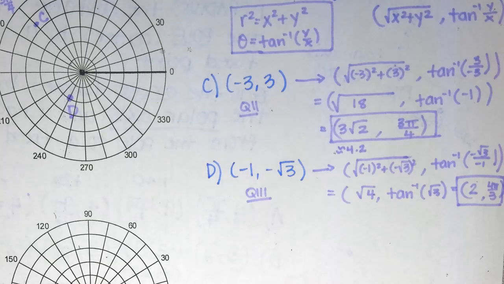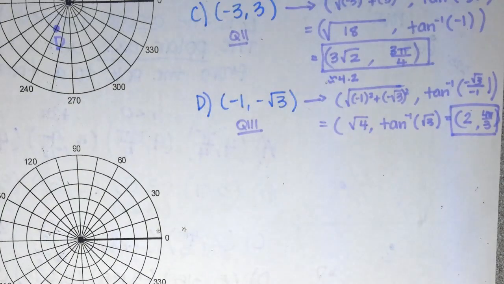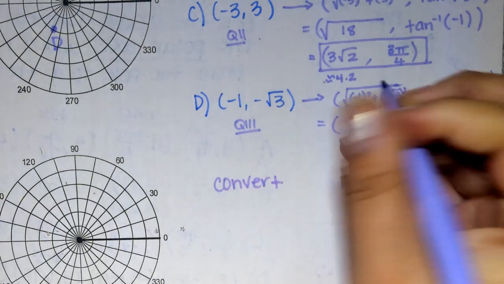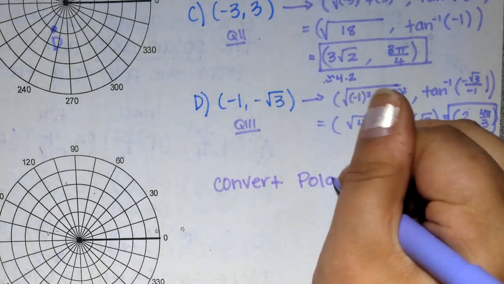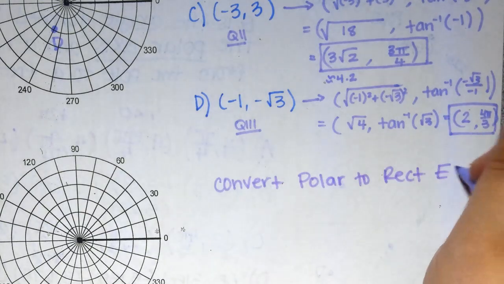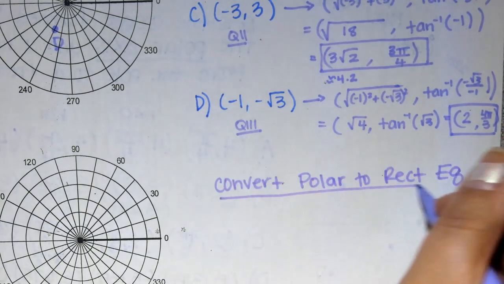All right, the next two, we're actually going to do the same thing, but instead of converting coordinates, we're going to convert equations. So now we are going to convert polar to rectangular equations.